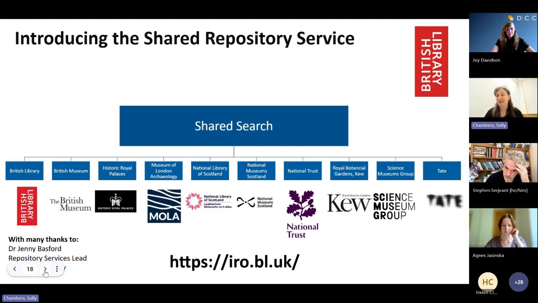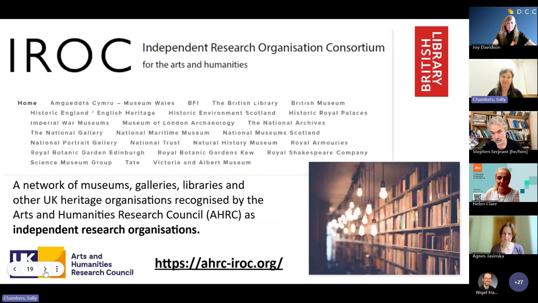Here is the whole list of the 10 repositories we have currently, and we can provide access to the research data and publications from all of them. The idea is that we could even expand the shared repository service to all of the institutions in the IROC, the Independent Research Organisation Consortium, which is related to the Arts and Humanities Research Council.